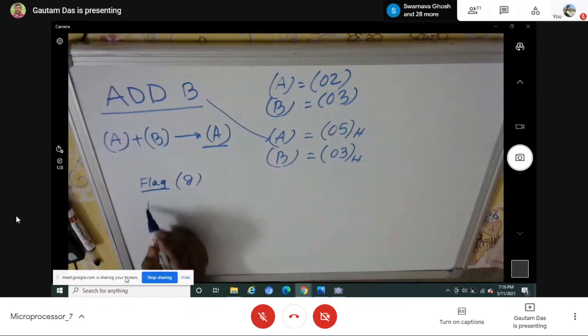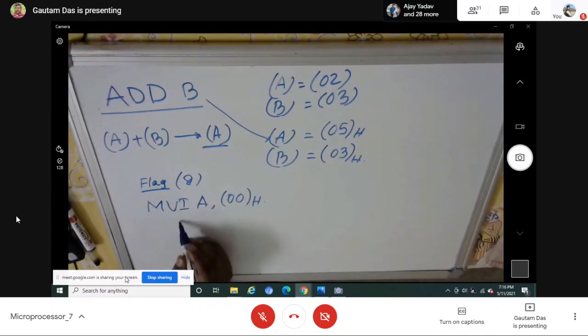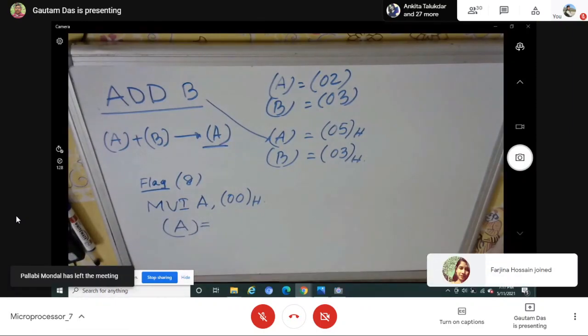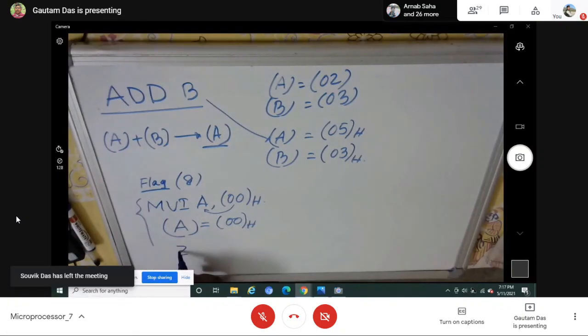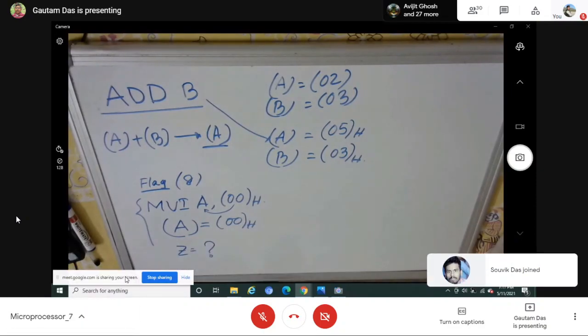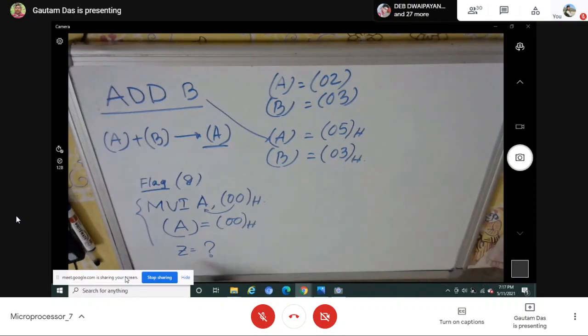Now if I ask you, suppose I am writing an instruction, and now I am asking what will be the value of this zero flag?